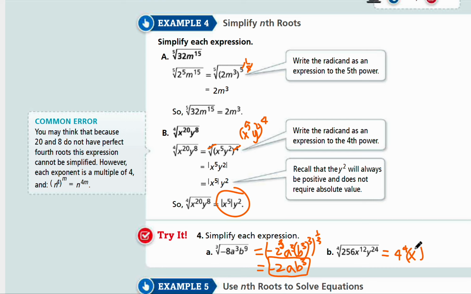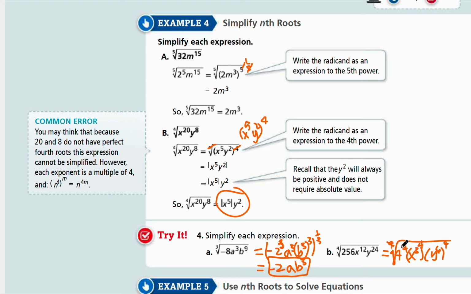So x to the 12th, you divide 12 by 4, you have 3. X cubed to the power of 4, right? Then you have y to the 6th to the power of 4. And then we know this is all fourth rooted.